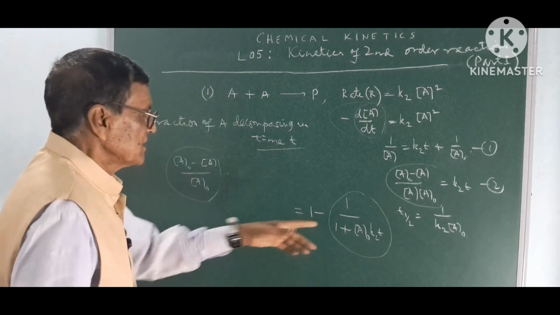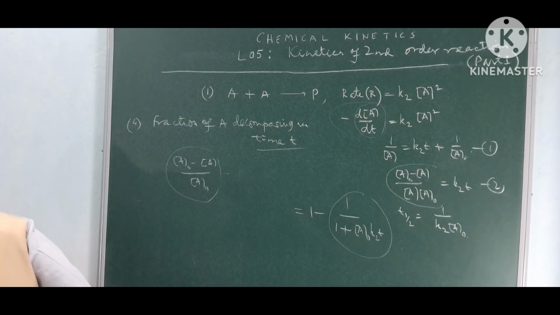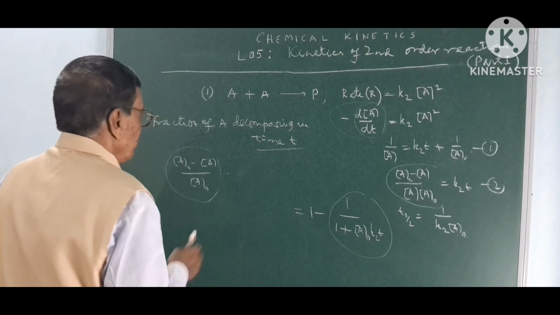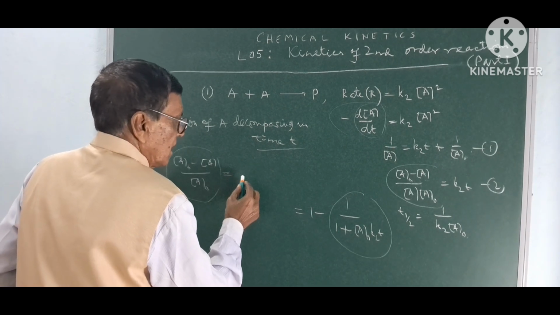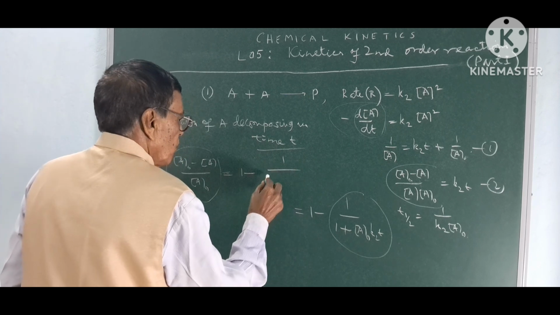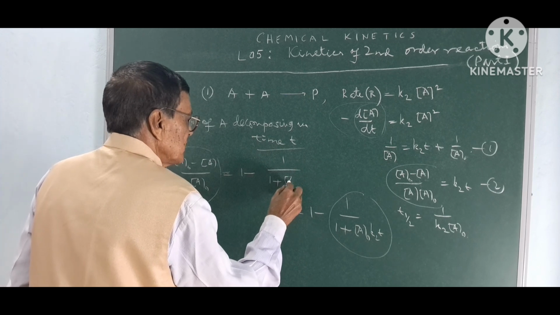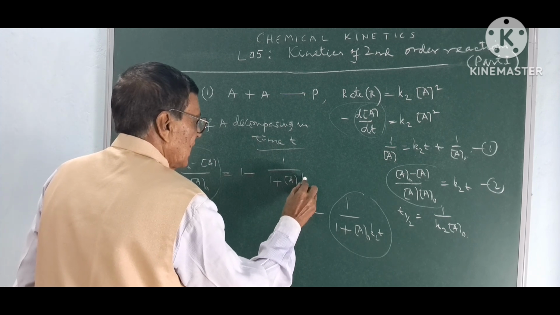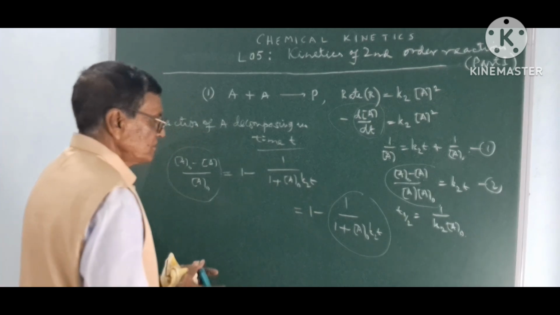So this relation is very good, and from it you can find out the different values: 1 minus 1 by 1 plus concentration of A naught and K2 T.